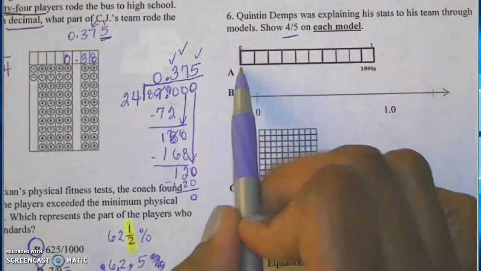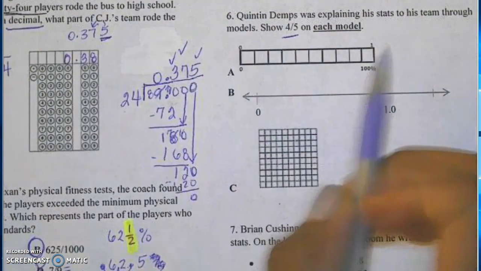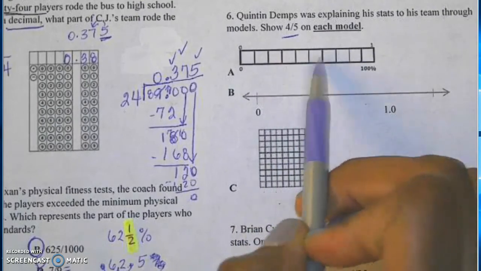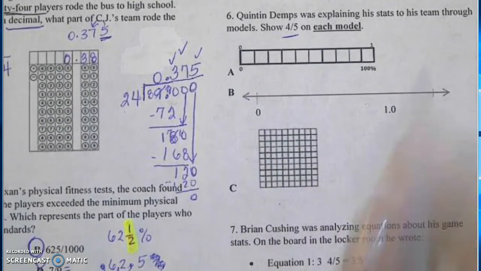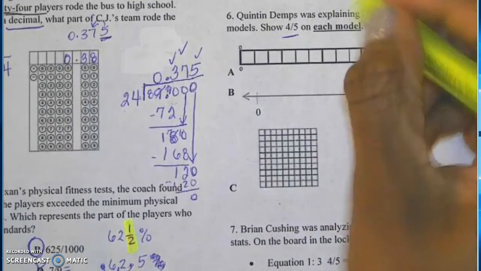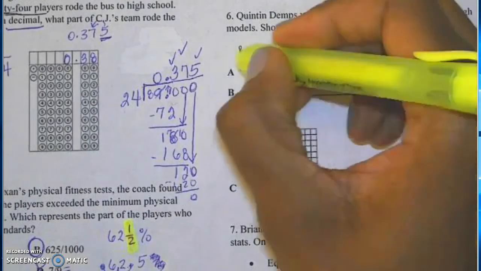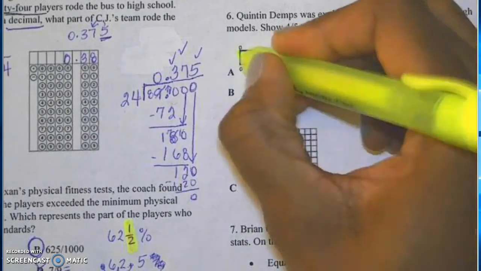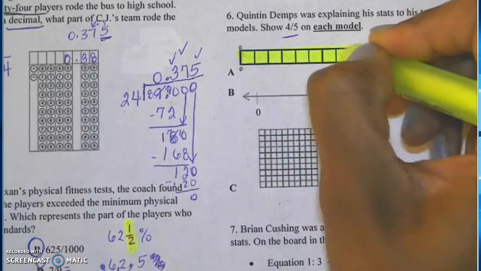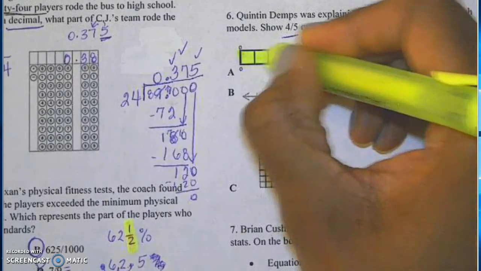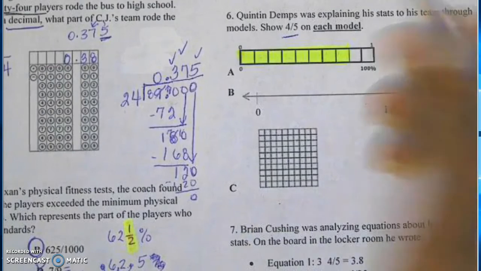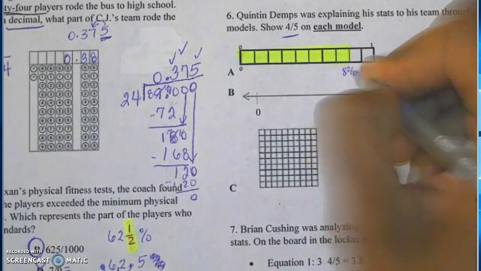So this is a tape diagram. It's broken up into 10 boxes, and I know each box represents 10%. So if I want to model 80%, I'm going to shade in 8 of those boxes out of the total 10, and that is 80%.